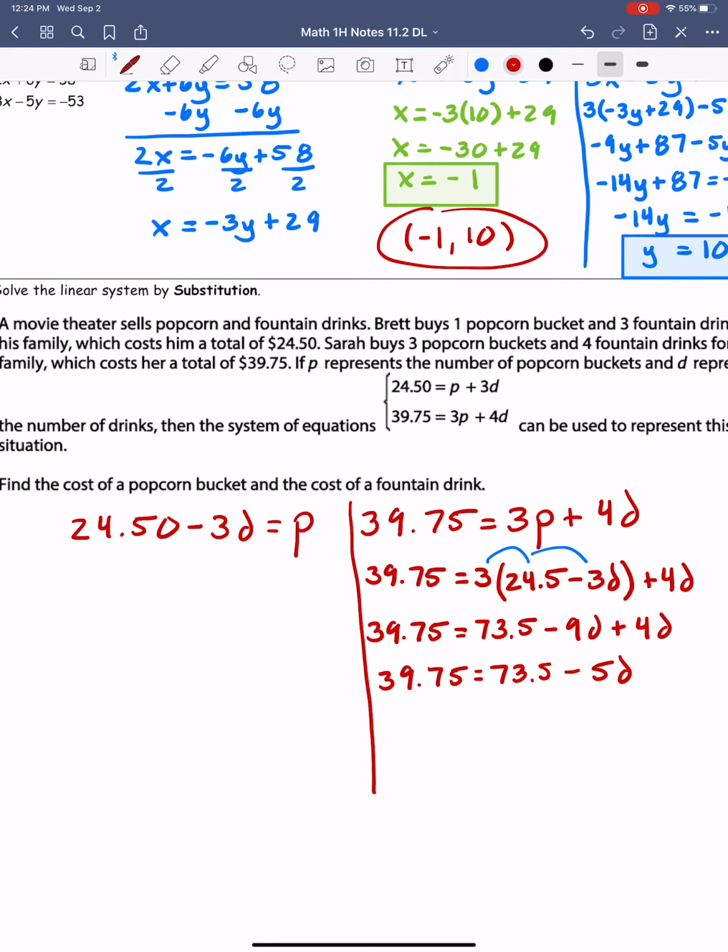Okay, then I got to get rid of this 73, so subtract it to the other side. So we're going to end up with 39.75 minus 73.5, which gives me negative 33.75.